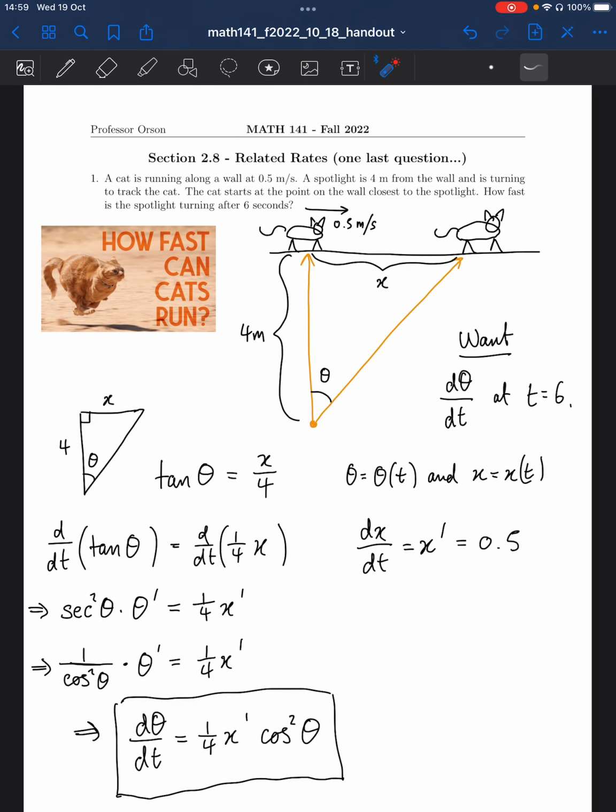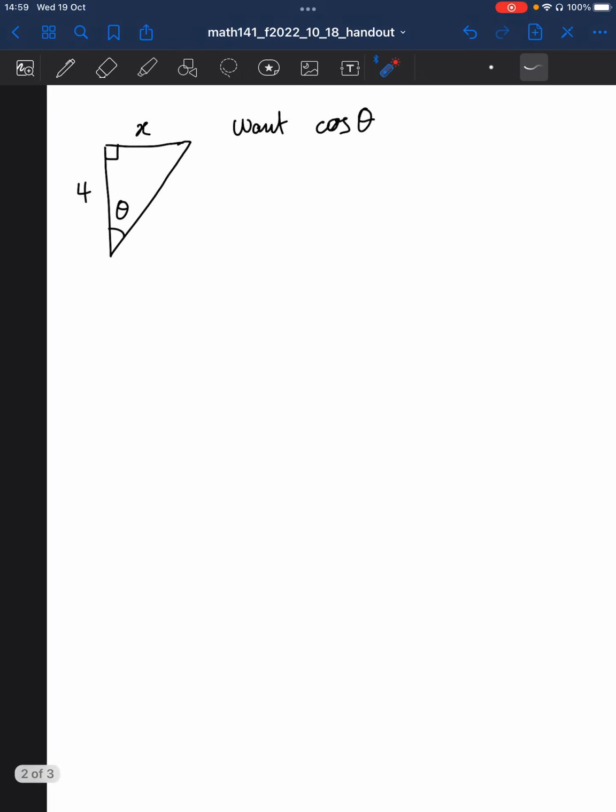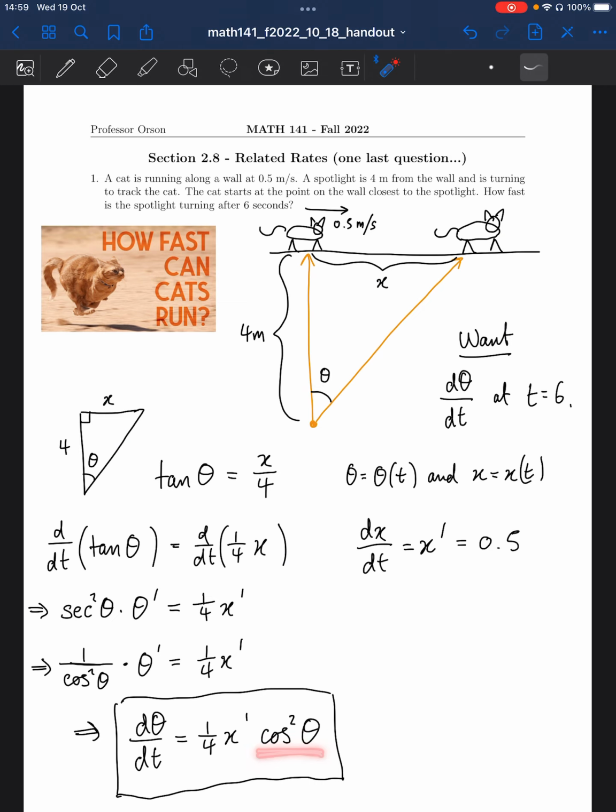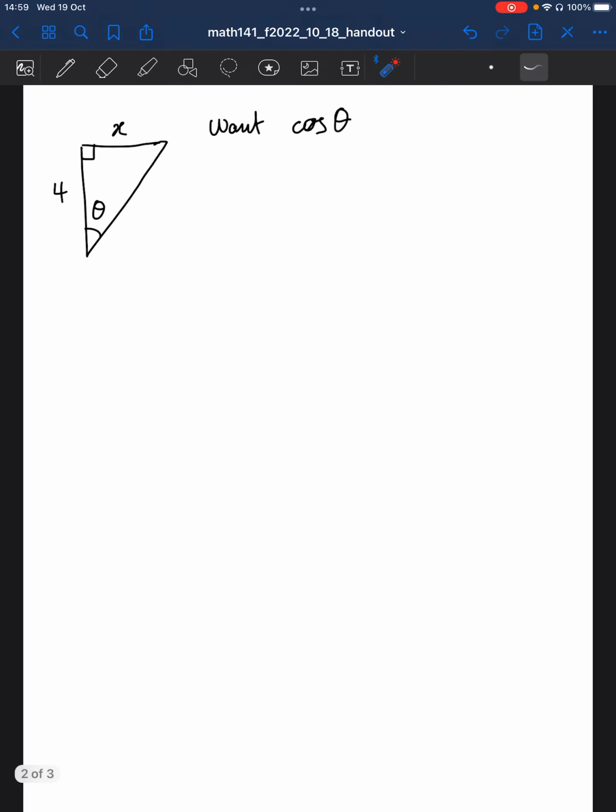So what you might end up doing if you stared at this was, hey, let's work out theta. But actually, it would be enough to work out cosine theta. So that's, I think, going to be a little bit easier. So cosine theta should be adjacent over hypotenuse. So that should be 4 over hypotenuse.